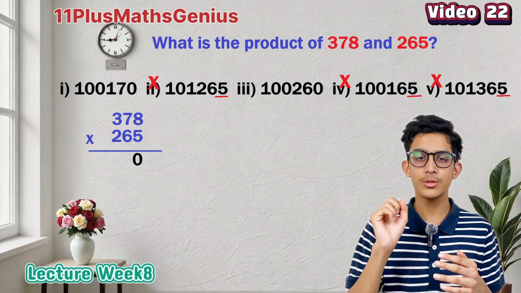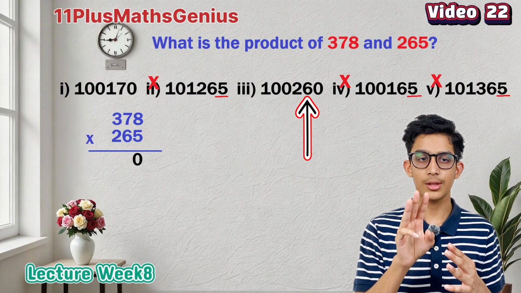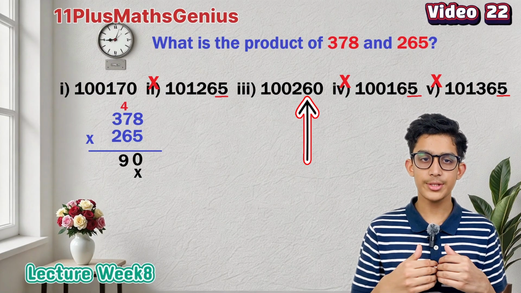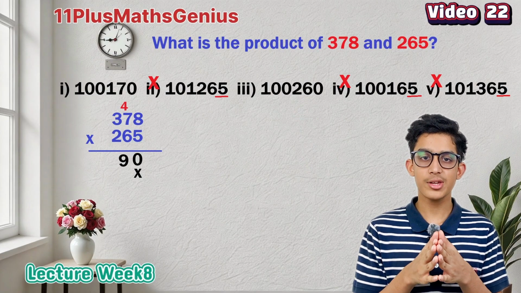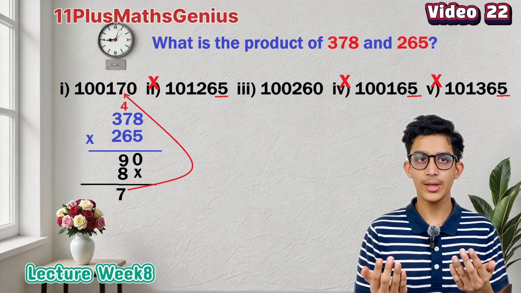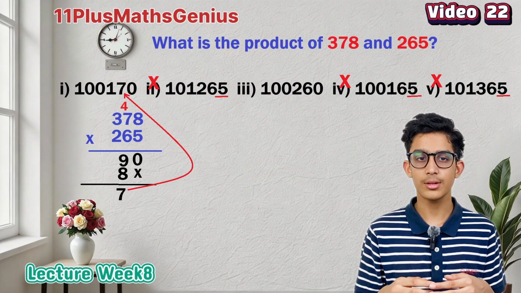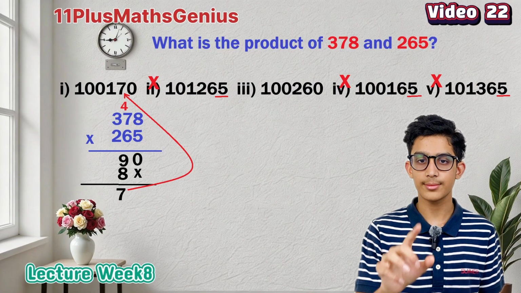Now, option 1 has 7 tens and option 3 has 6 tens. So we check the tens value. 6 times 8 is 48, plus 9 is 57. So our tens value is 7, and thus the answer is option 1.